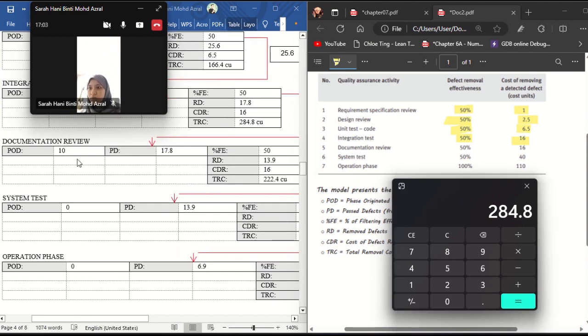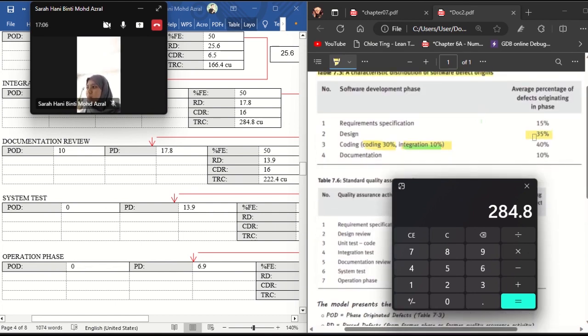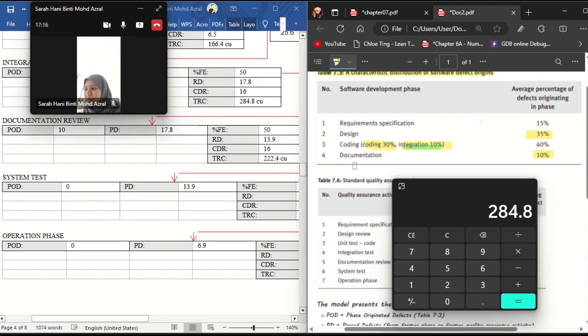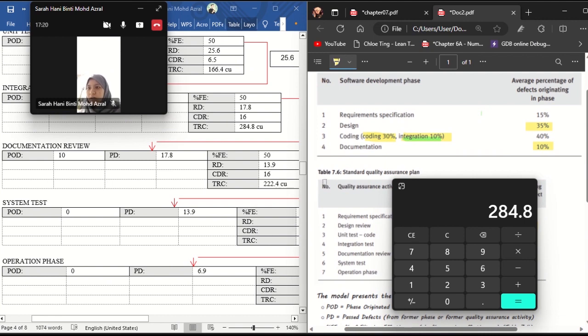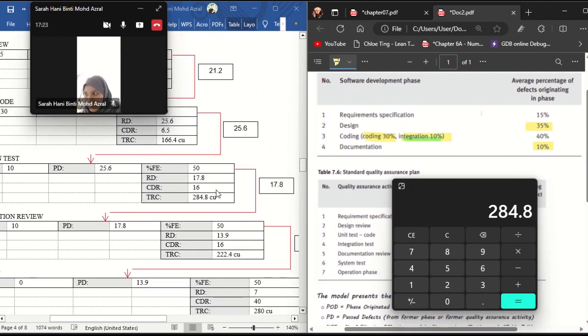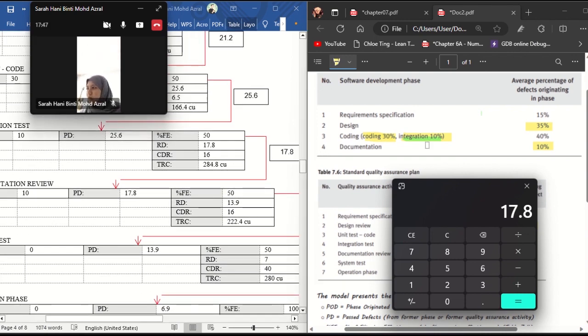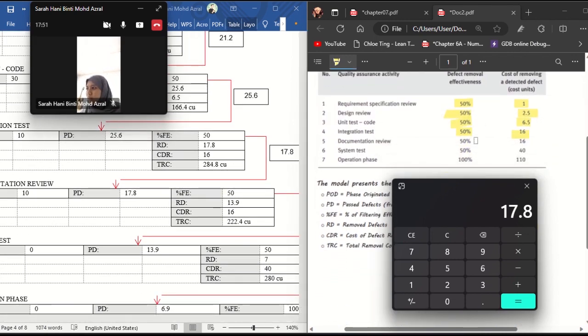For the next phase is documentation review. The POD given is 10, which is the last of the characteristic distribution of the origin. The PD is 17.8, so 10 plus 25.6, subtract 17.8, we get 17.8, and the filtering effectiveness given is also 50%.